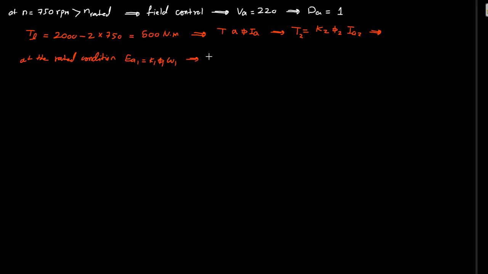So from here we can calculate K1 phi 1 to be EA1 over omega 1. So if we do the math, this is the 210 we already calculate. The rated was 600. Don't forget to convert it to rad per second. So this is the pi over 30, or you can say 2 pi over 60, and this will be the 3.342. This is volt second per rad.